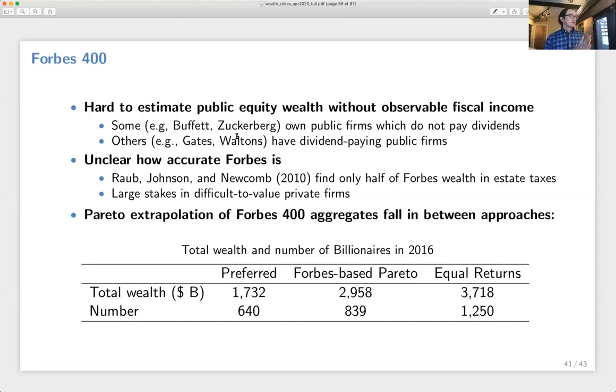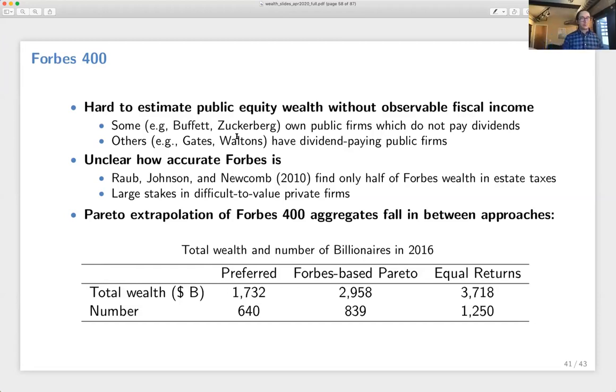But if you actually take a Pareto extrapolation of Forbes 400 aggregates, and see how it compares to ours versus equal returns, we find that ours is kind of in between in terms of the number of billionaires and the total amount of wealth. Equal returns overstates the number of billionaires and the amount of wealth relative to what would be implied by Forbes.